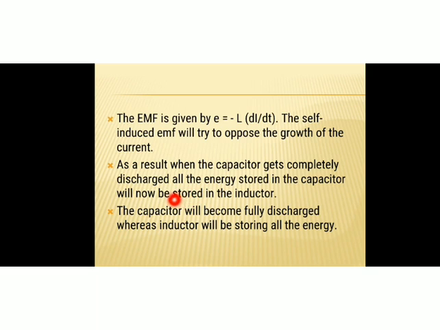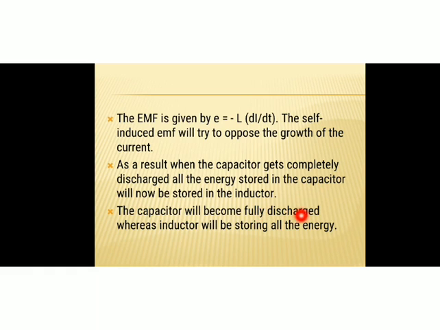And you know, the energy stored in the capacitor was electrical energy, but the energy stored in the inductor will be magnetic energy. So when the capacitor discharges, the electrical energy is converted to magnetic energy, isn't it? Because the energy stored in the capacitor, that was the electrical energy, is now stored in the inductor. That means it is now in the form of magnetic energy.